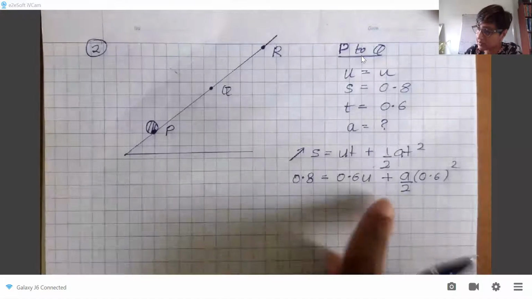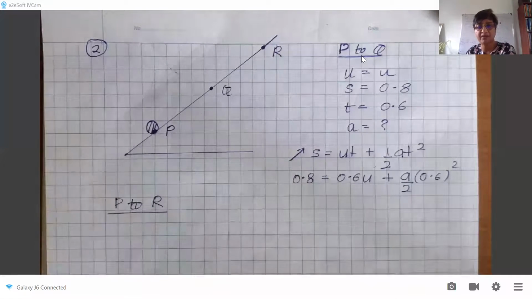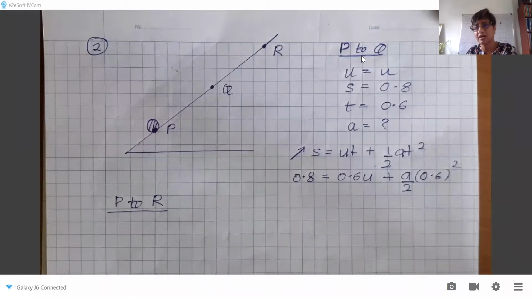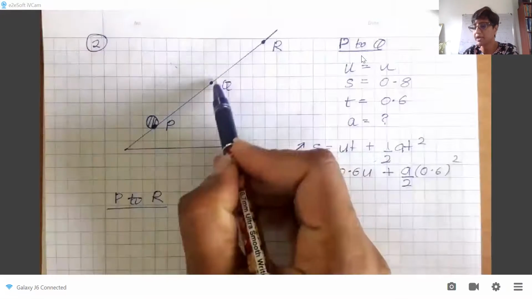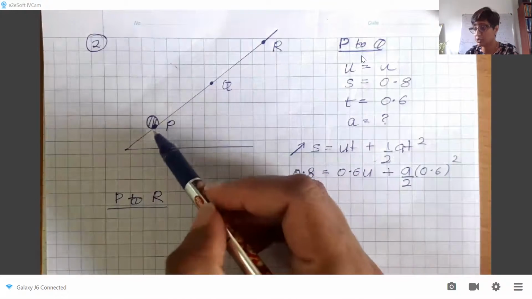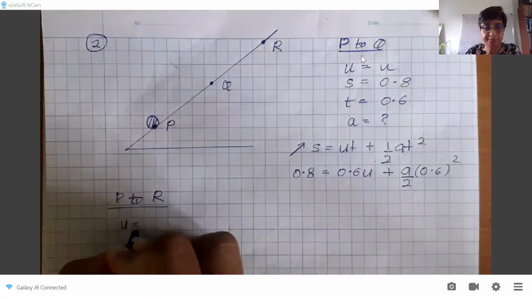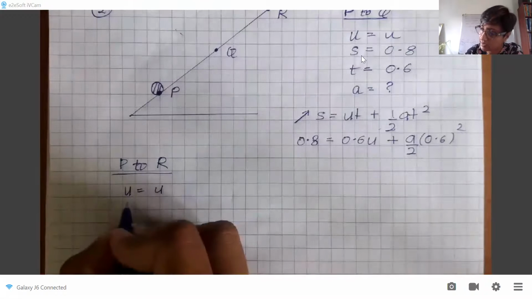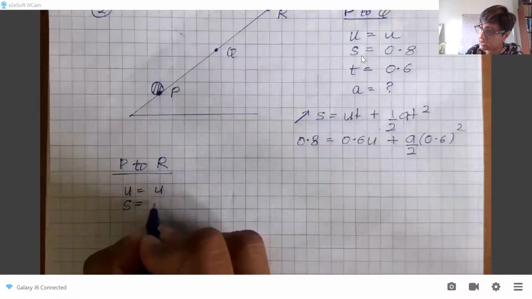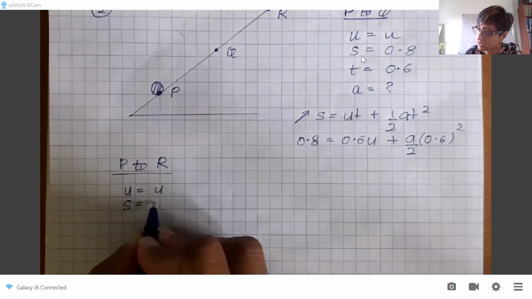Along with this, let me consider from P to R. Now you tell me why I did not take from Q to R. If I consider Q to R, I don't have enough information. Q to R, I only have the distance and time. I don't have 3 information. But if I consider from P to R, again, I know the initial speed is U. S is the total distance, that will be 1.6.